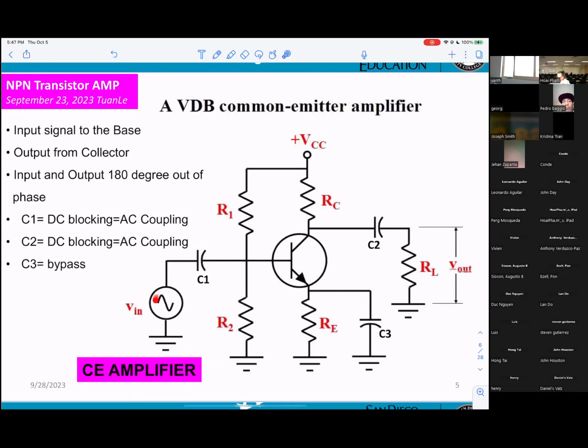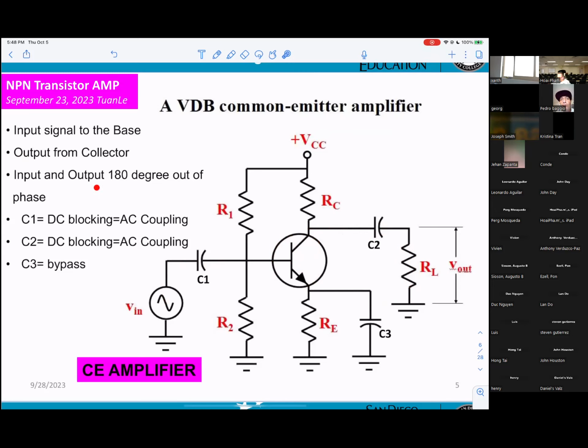This is your voice generator connected into the base. Output from collector. This is the collector. This is the load. The load here basically is equivalent to the speaker. When you're talking, your voice goes to the amplifier, makes it bigger, and goes to the speaker.